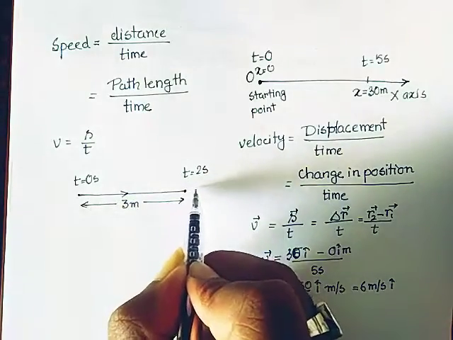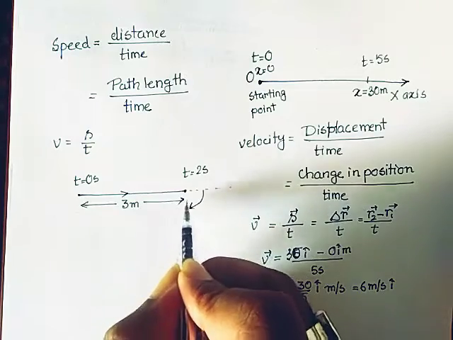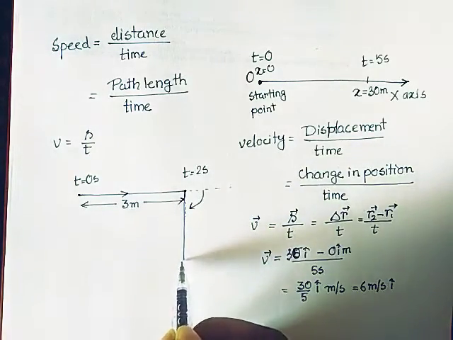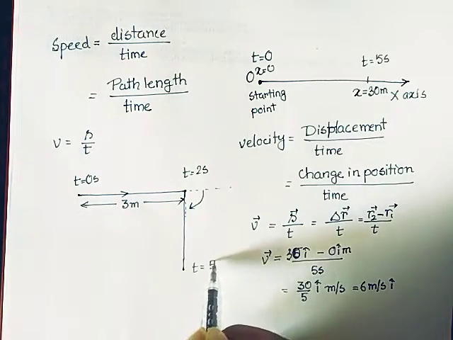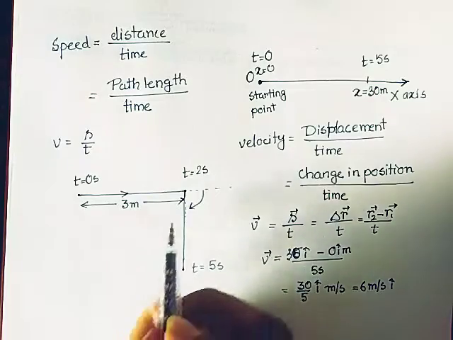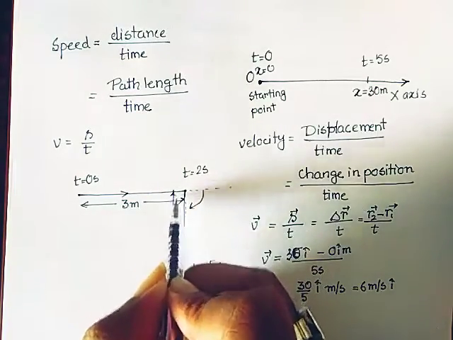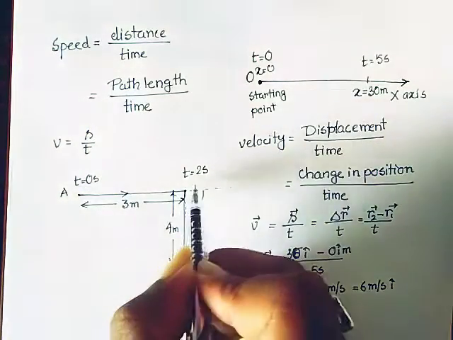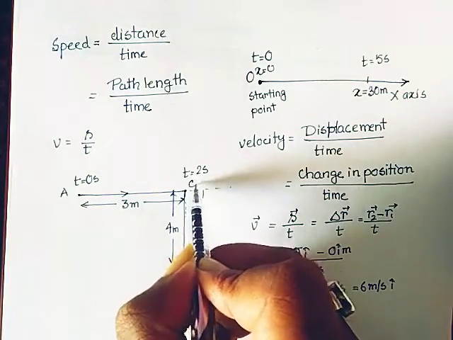After that, the particle, this is the direction of motion, changes its path and follows this, and after that at t equal to 5 second it is at this position, and the path length here is 4 meter, so it moves from A to B via the point C.